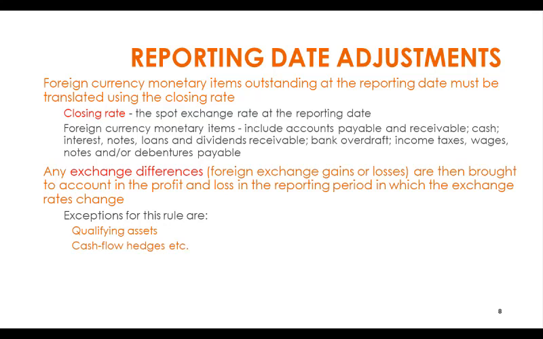Examples of foreign currency monetary items include accounts payable and receivable, cash, interest, notes, loans and dividends receivable, bank overdraft, income taxes, wages, notes, and debentures payable. So these accounts need to be reported at the closing rate.